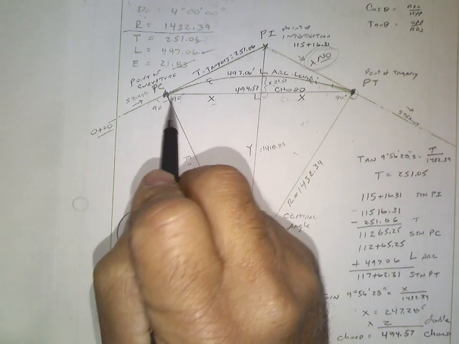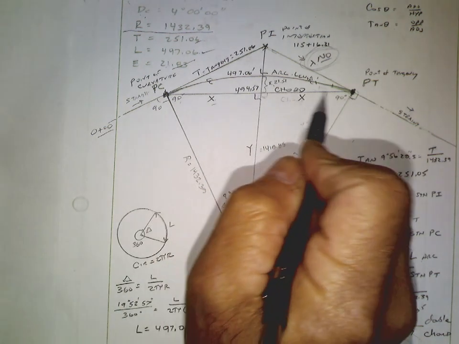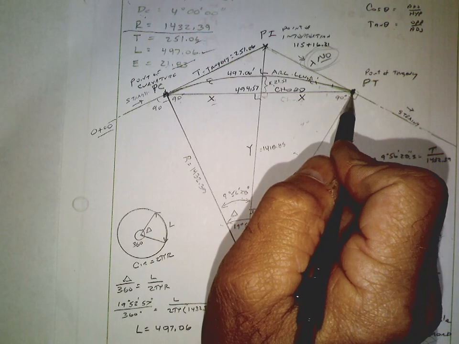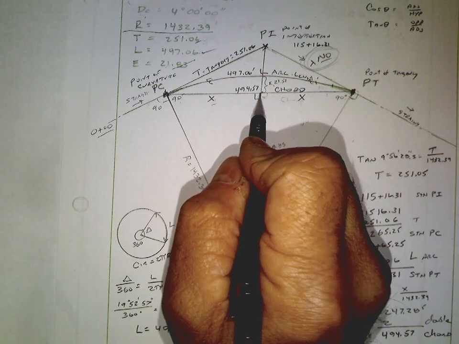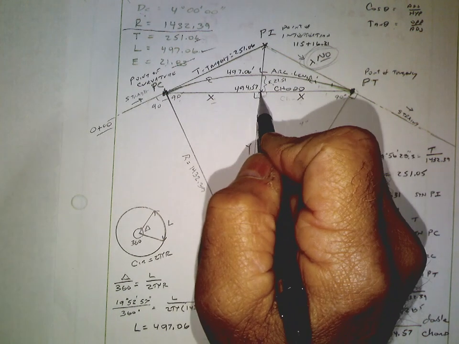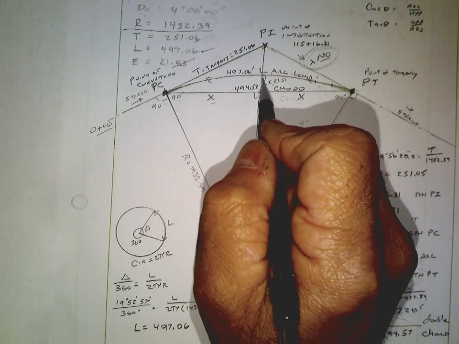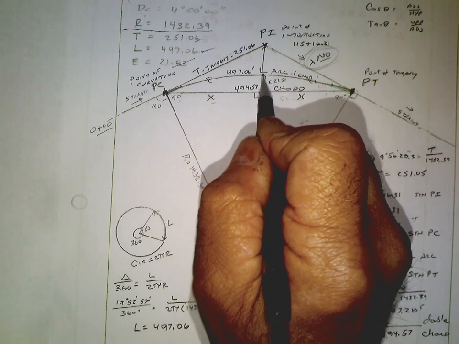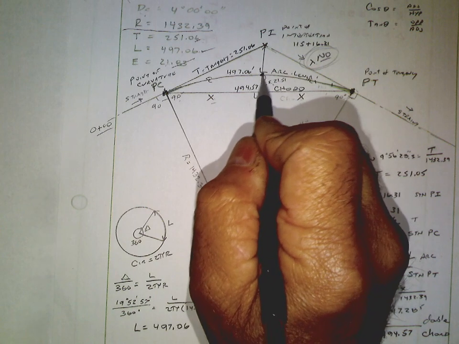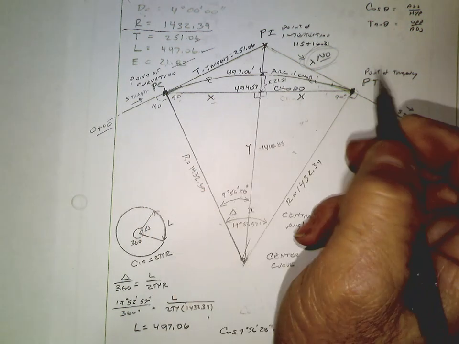And then the contractor especially would be able to pull a string or a straight line across this chord. And at the midway of the chord, or actually that X distance, they could make a note of this point here, and then measure out that E distance, 21 and some change feet, and actually have another point on the curve to help them build it.